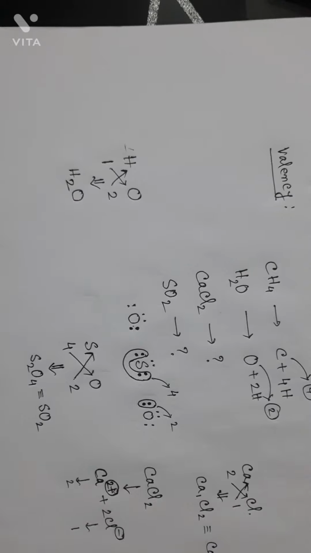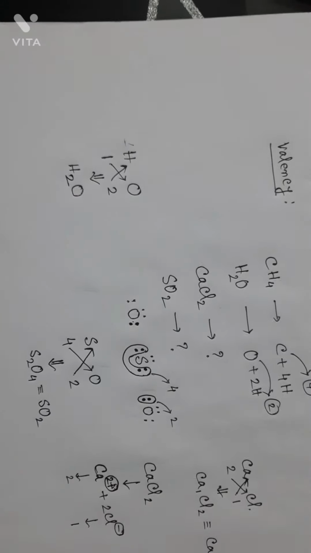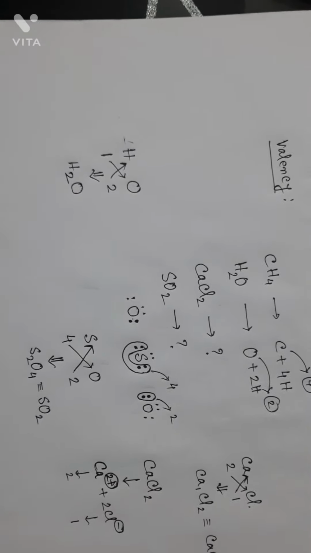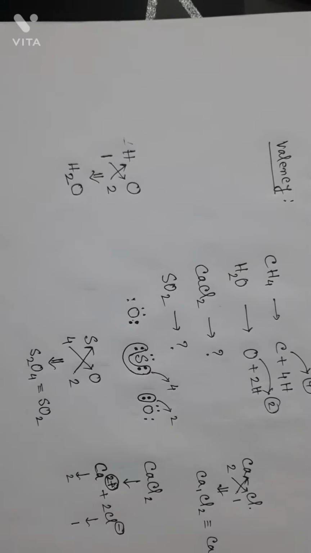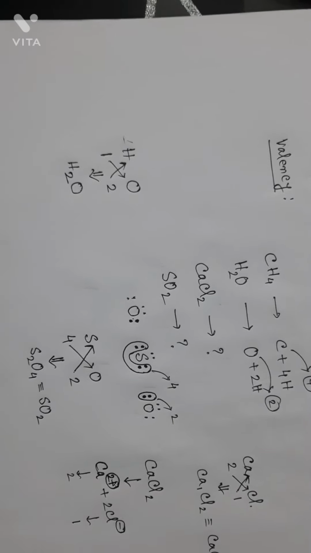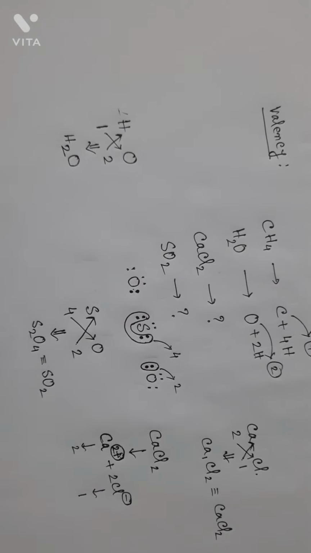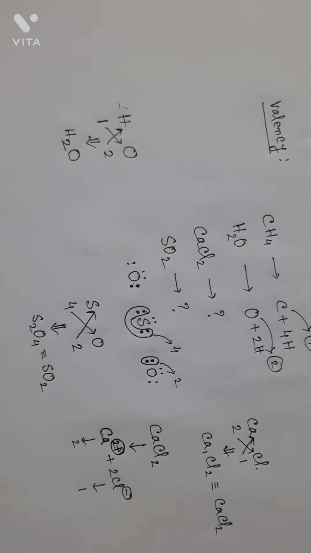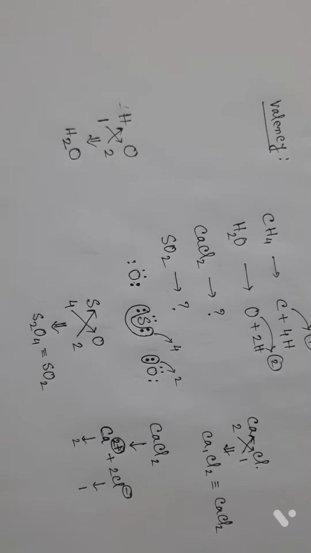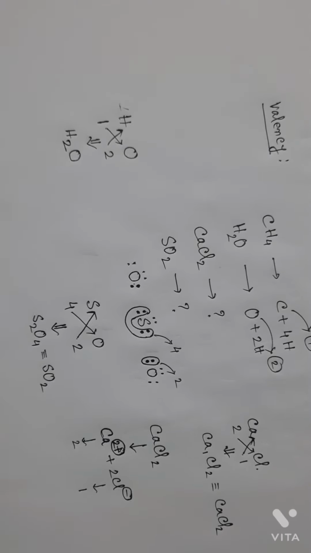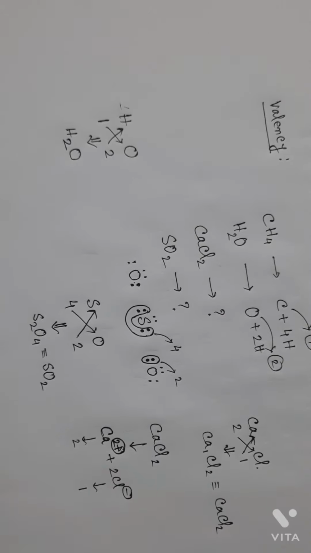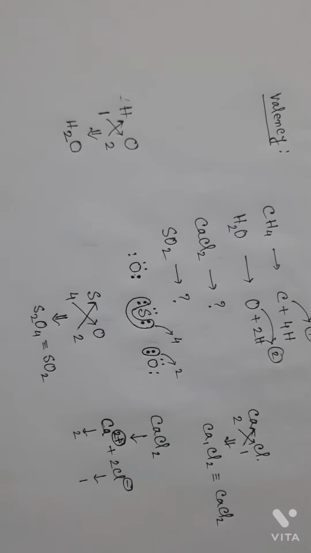So this is the concept of valency, and by using this concept of valency, we can form any type of compound, whether it is ionic or covalent. This is the main idea of the basic part of chemistry.